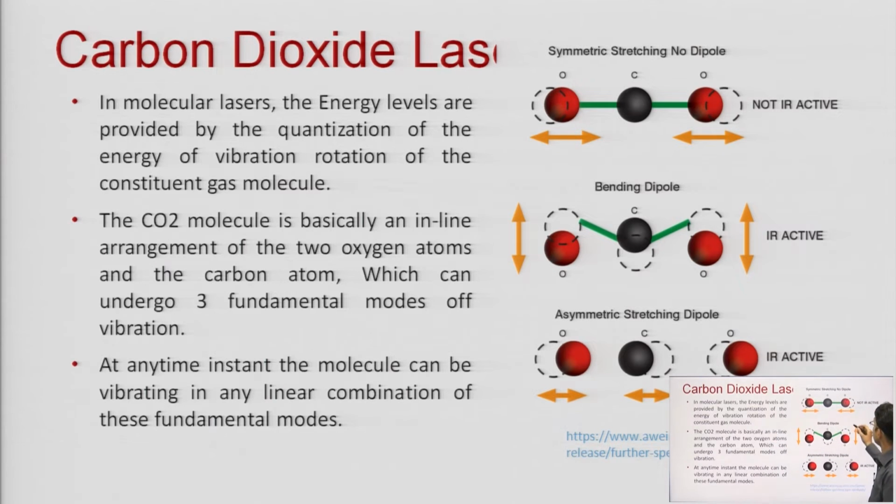You can see this is the symmetric mode. The carbon atom is over here, and the oxygen atoms are vibrating. If this atom is vibrating outward, this atom will also vibrate outwards. So, if this moves inward, then this also moves inward. So, this is the symmetric vibrational mode, and this is the bending mode.